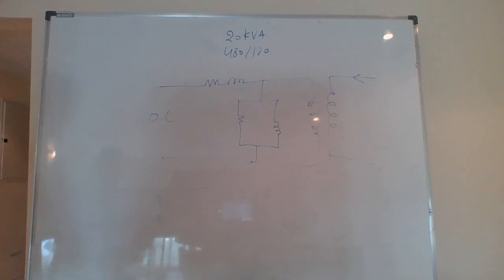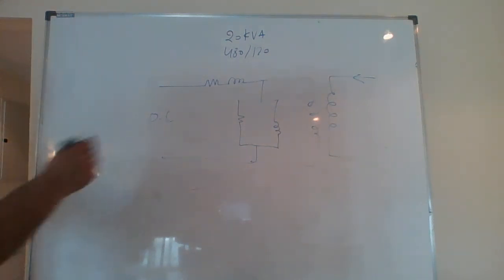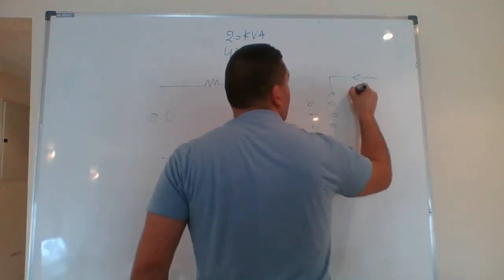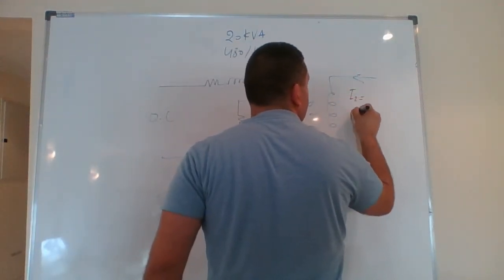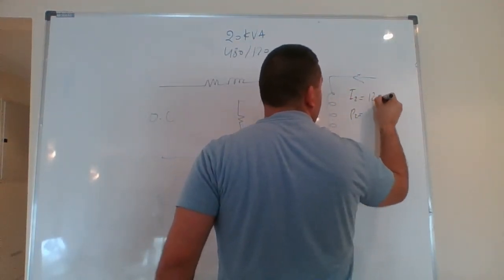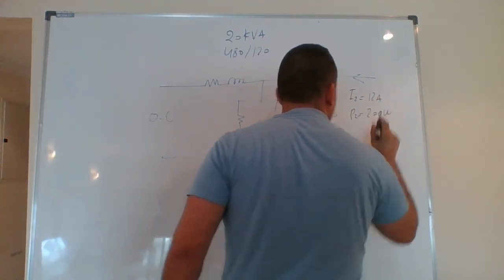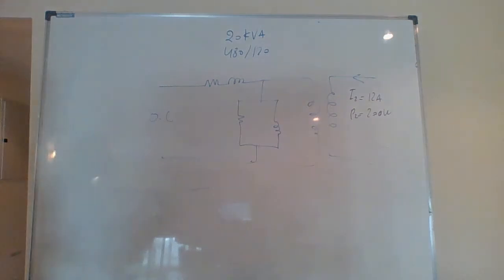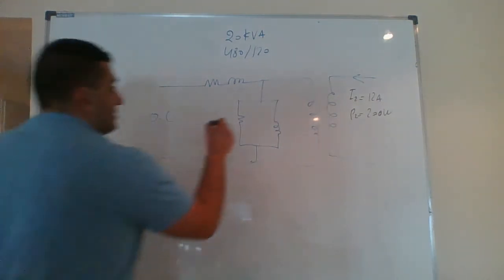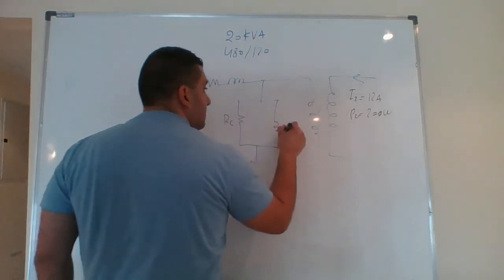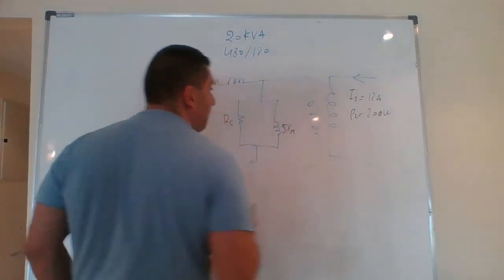So basically, all the values that I obtained from the previous one, which is I2, 12 amps, 200 watts, are because of the actual shunt, which in this case is RC and JXM.